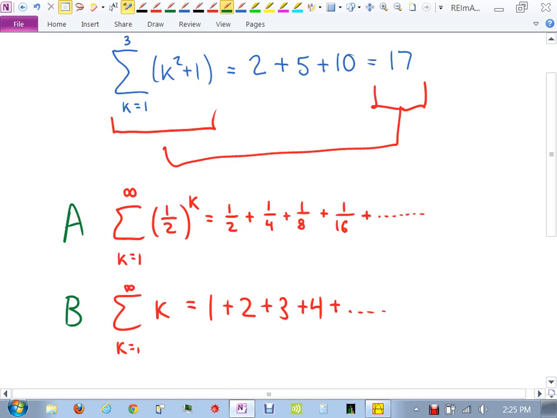In Cal 2, this is part of what's called sequences and series. Part A is called an infinite series, or a series. And what you do in Cal 2 is figure out if that adds up to something or not. In this case, I'm just asking you the general question. Do you think that adds up to something or not? Do you think it keeps getting bigger, or do you think there's a cap, like it doesn't get past a certain number?